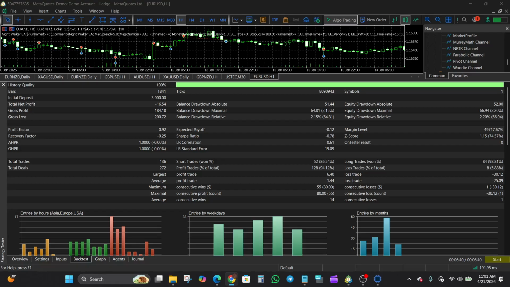So, overall, Nightwalker EA is a session based mean reversion scalping system designed specifically for low volatility night markets. It's not trying to trade all conditions. Instead, it focuses on a specific window where price behavior tends to be more structured and predictable. The combination of Bollinger Bands, momentum filters, and ADX regime detection makes it quite selective, which is both a strength and a limitation.